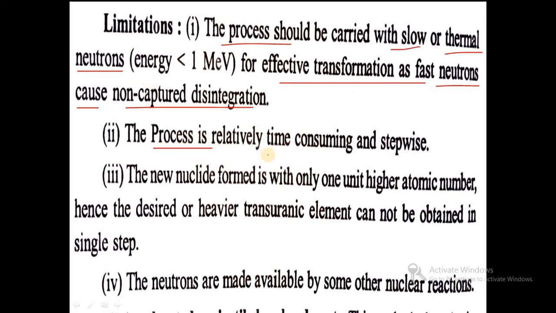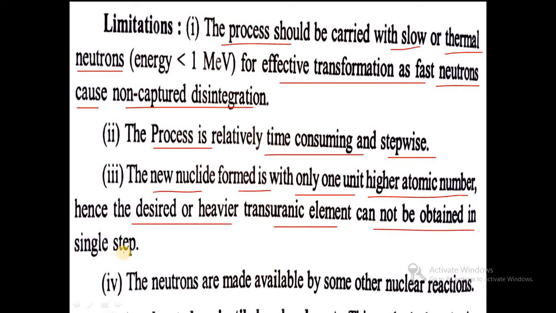The process is relatively time consuming and stepwise. In this case we get stepwise higher nuclei. The new nuclide formed has only one unit higher atomic number. Only one unit higher we can go. Hence the desired heavier transuranic element cannot be obtained in a single step.